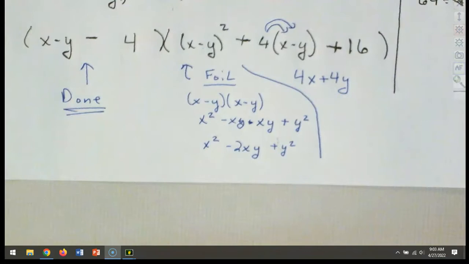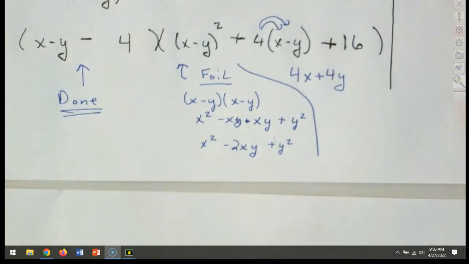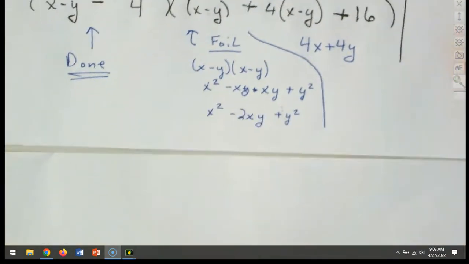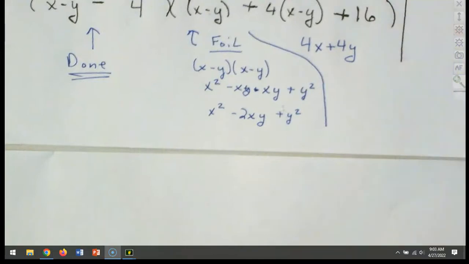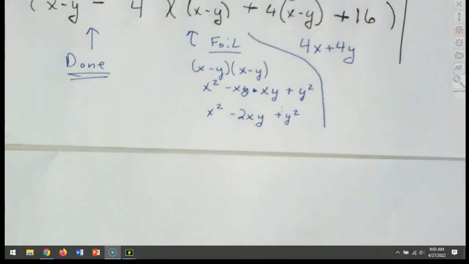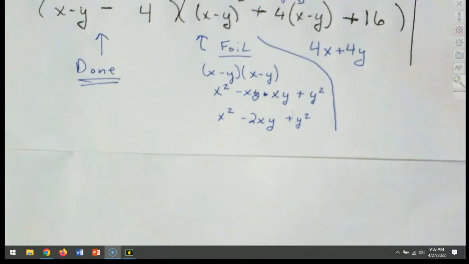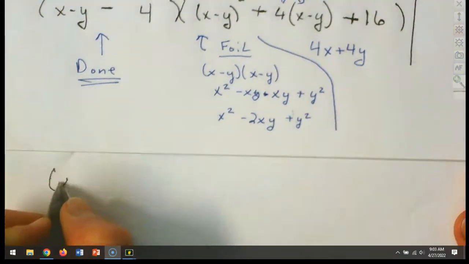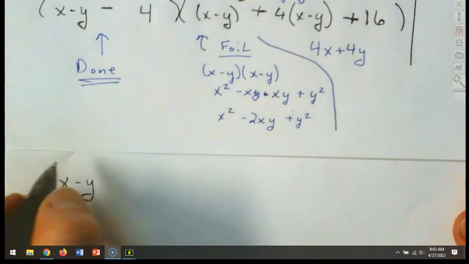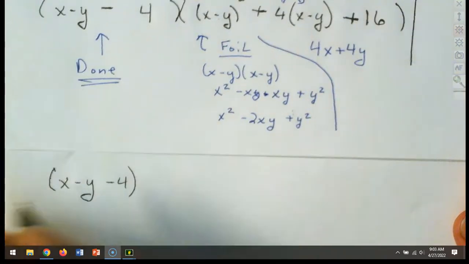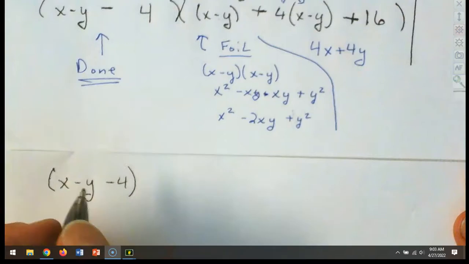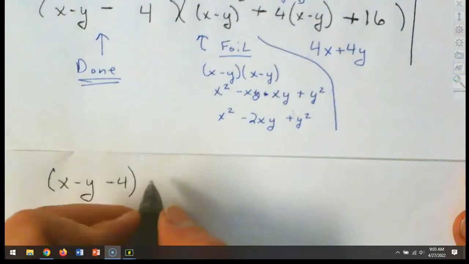So now let's rewrite what we've got and try to break it down and clean it up if we can. So what do we have now? At the very beginning, it was already done. This was already combined. So at the very beginning, we have x minus y minus 4. Right? That piece is finished. Then what did we have?